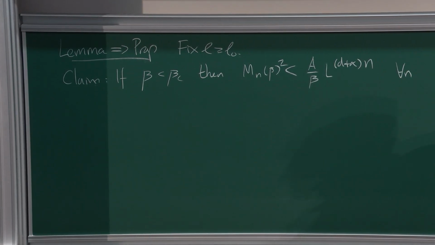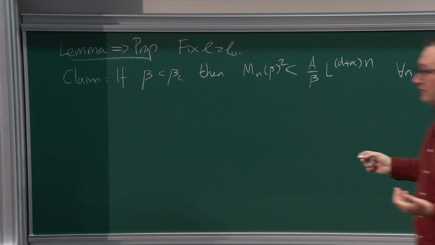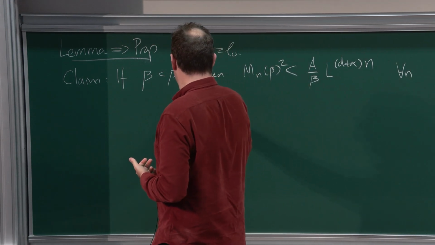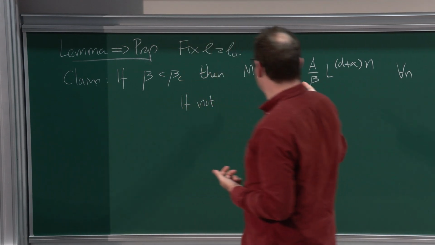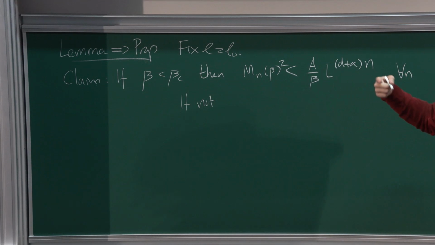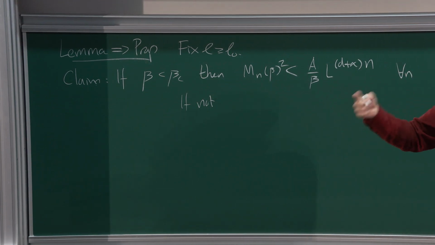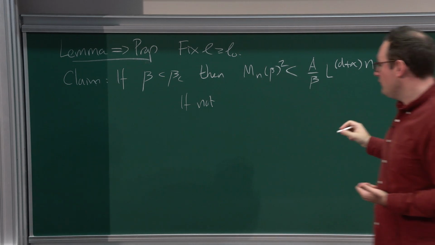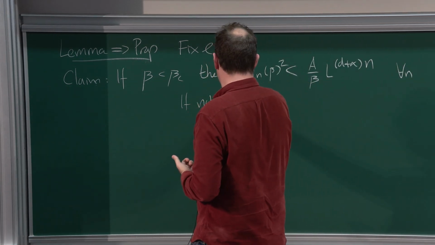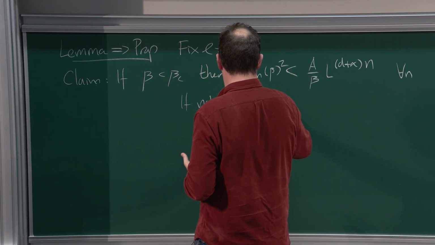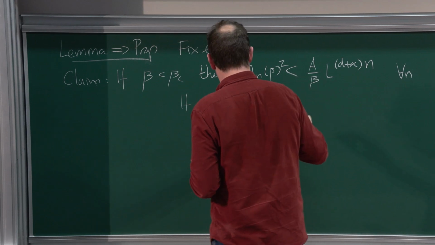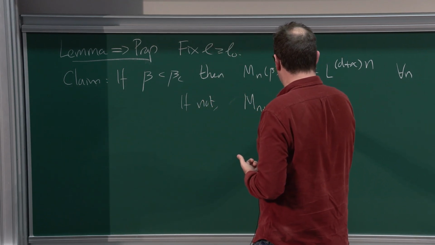Okay? And why is that? Well, suppose not. Well, if not, the lemma says if the other inequality ever holds at a single scale, then it holds at infinitely many scales.